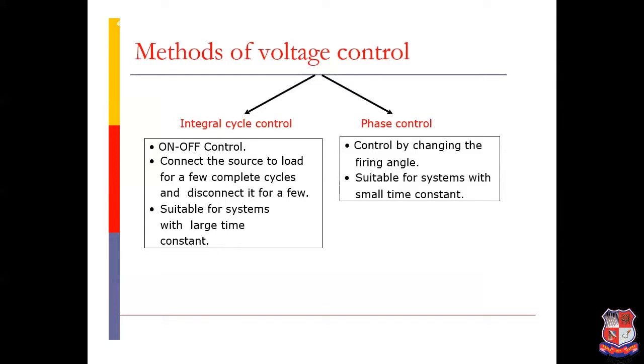This kind of control is suitable for the systems with large time constant. Whereas in case of phase control, we control the output voltage by changing the firing angle. And this kind of control is suitable for systems with a small time constant. We will discuss both the methods in detail.